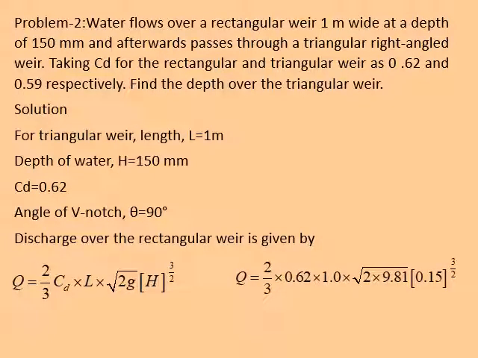Here CD is equal to 0.62, the length of the rectangular notch is 1 meter, square root of 2 into 9.81, and the head is 0.15 meter, to the power of 3 by 2. So the discharge through the rectangular notch is Q equal to 0.10635 meter cube per second.